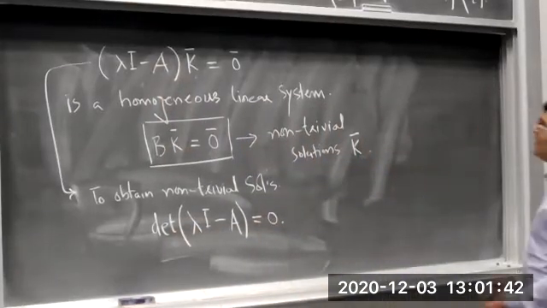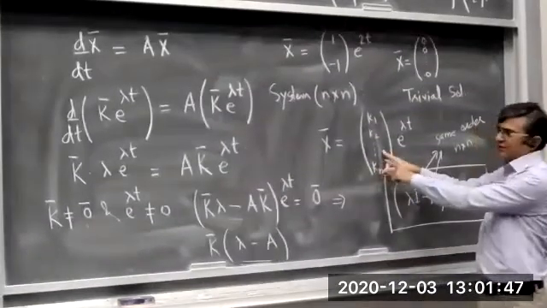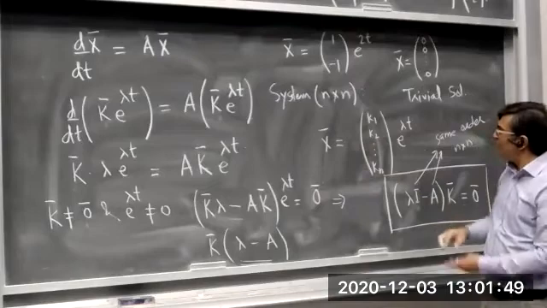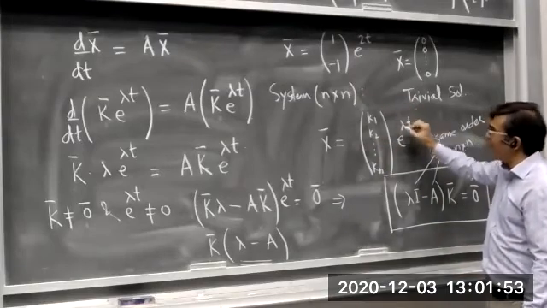Now, you assumed that the solution is of this form, which contains an unknown vector k and an unknown value of lambda.